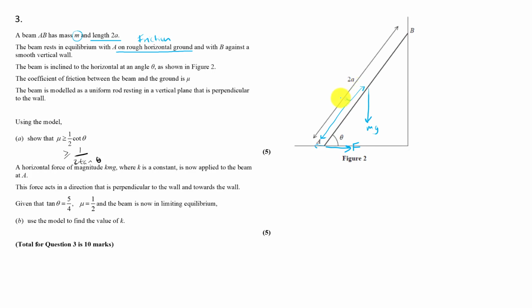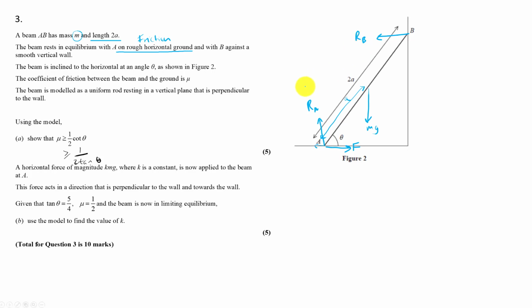Now there's some things we need to remember. There's going to be, going straight up, a reaction that we're going to call RA, and a reaction this way, and we're going to call that RB.